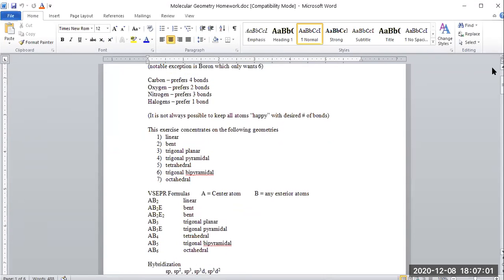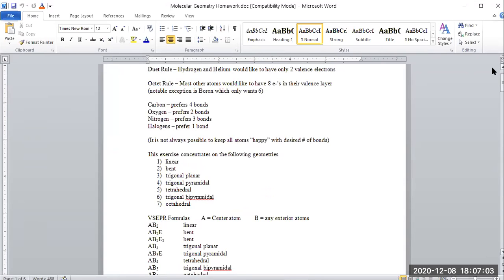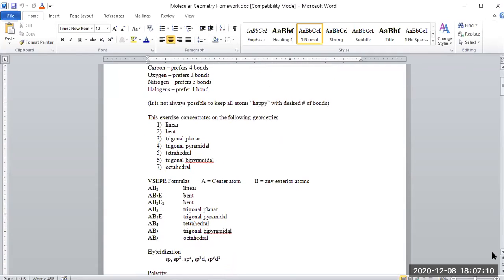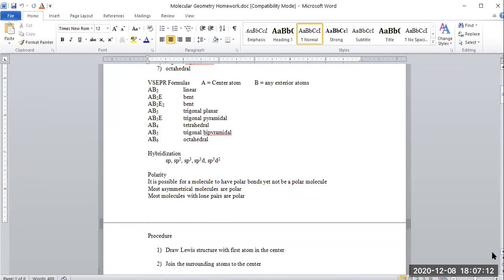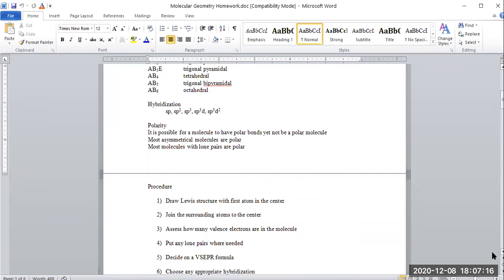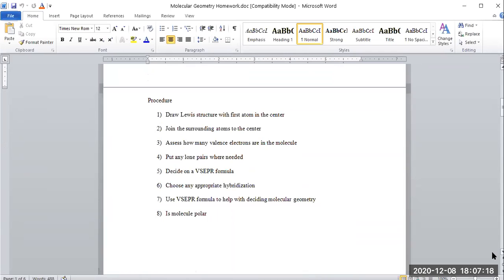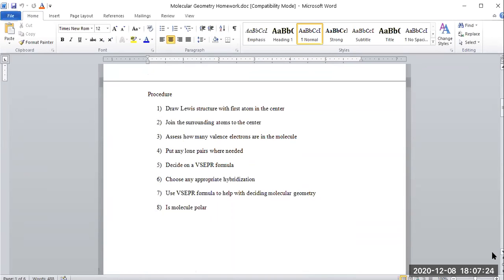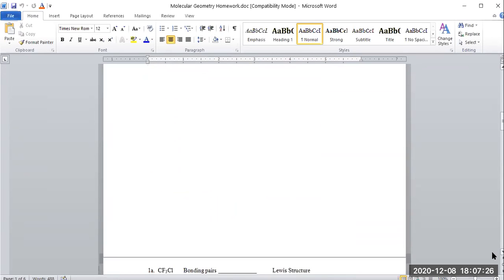It gives you some of the preferred bonds, remembering that there are sometimes bonds that might violate. Some of the more common VSEPR formulas, the hybridizations, and a little bit about the polarity. It gives you some tips. Here's the method that you should use as you're working your way through this.